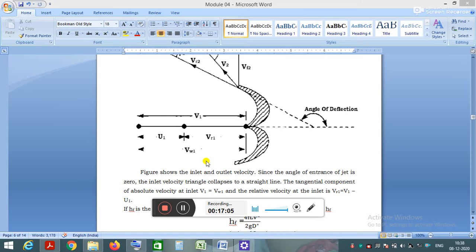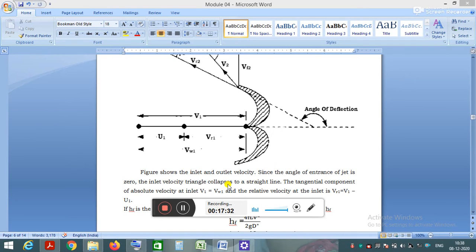It is the angle at which the water strikes the turbine blades, and it is 0 here. It is a straight line because the water enters in the tangential direction. Angle of entrance of jet is 0. The inlet velocity triangle collapses to a straight line.